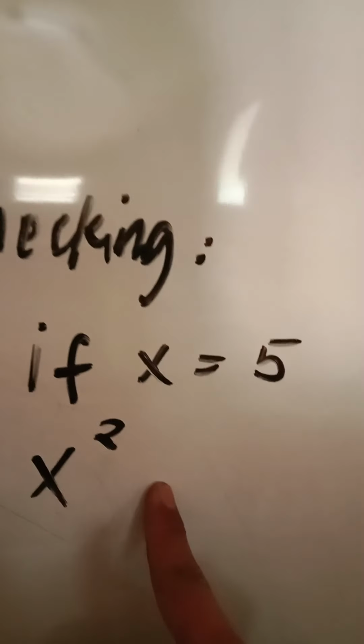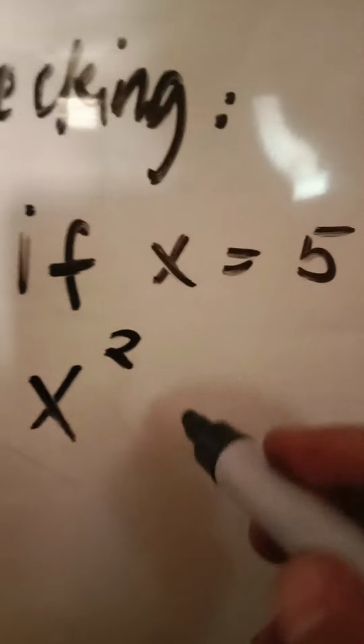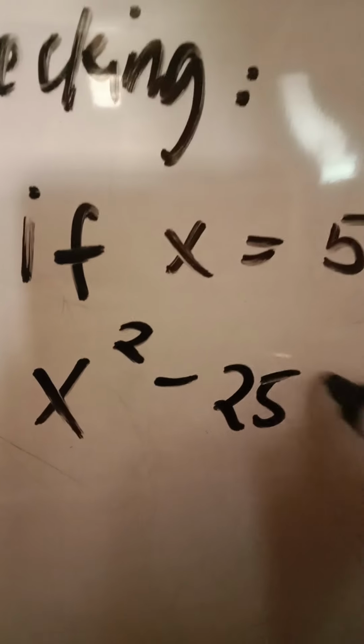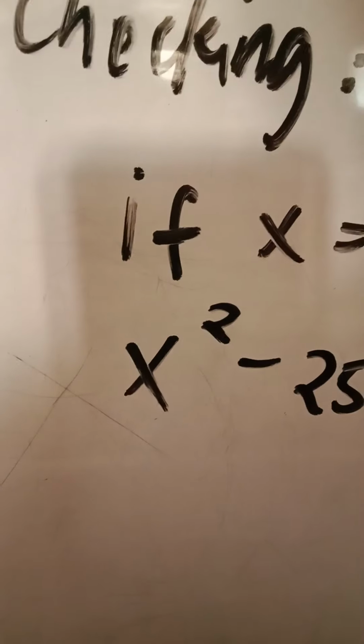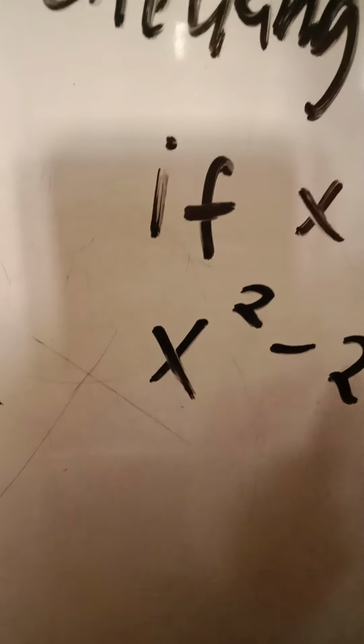If x is equal to positive 5 and if x is equal to negative 5, all you have to do is substitute into the given equation, x squared minus 25 is equal to 0. So our x is 5. All you have to do is substitute the value of x.